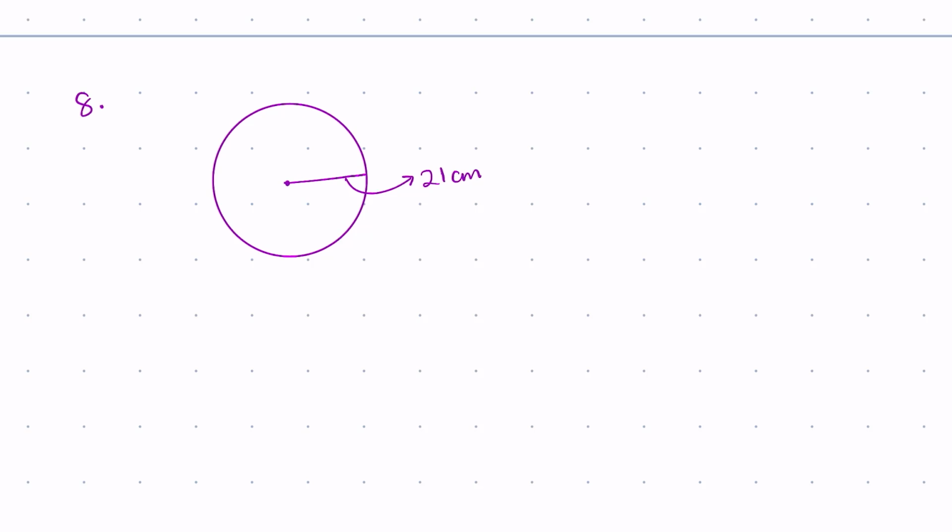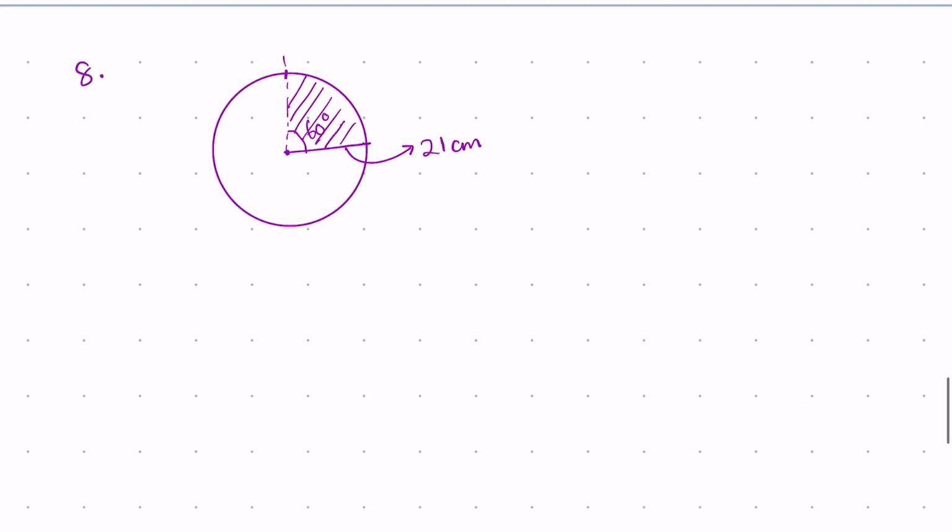An arc subtends an angle of 60 degrees at the center. So okay, there's some arc. Let's say the arc is from here to here. That arc subtends an angle of 60 degrees here. Then the area of the sector. So they're asking for this area formed by the arc, how much is it?